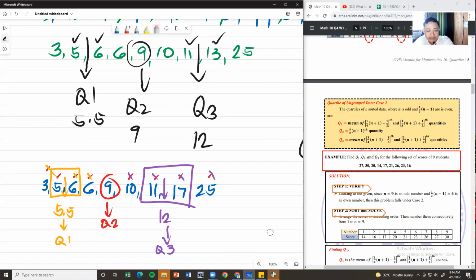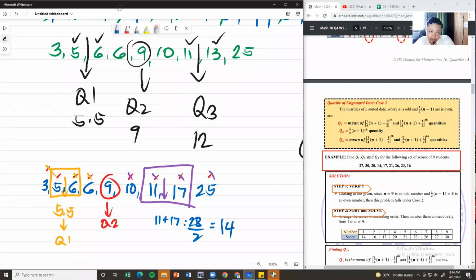To do that, it is still 11 and 17. So all we have to do is get the average. Again, for those two values, we need to get the average. Average always. The average of 11 and 17: 11 plus 17 is 28, divided by 2 is 14.